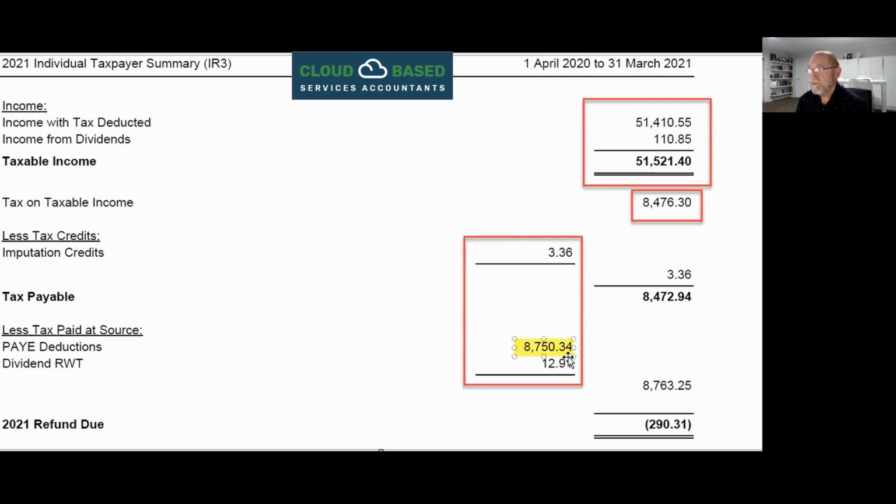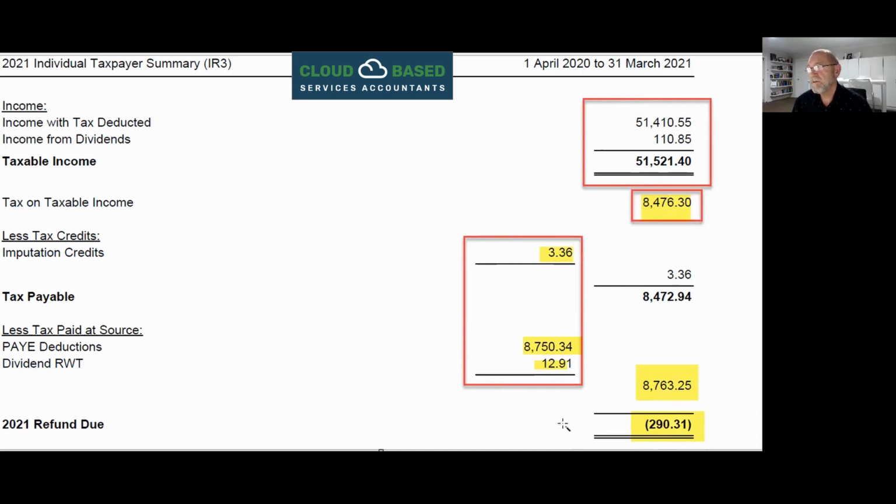Something interesting that you will see here is the actual credit that you receive, the total of those, which is 876325. So this means that you have overpaid tax. This amount is more than your actual tax payable, so you get credit for that, or a refund, and that's when you will receive a refund.